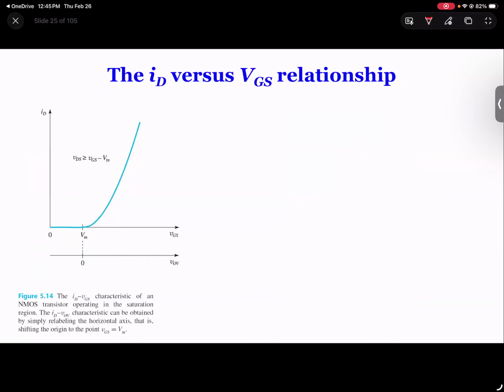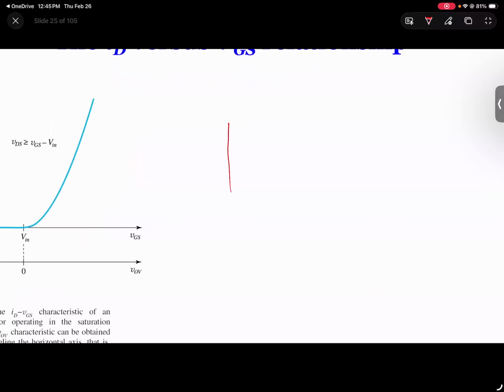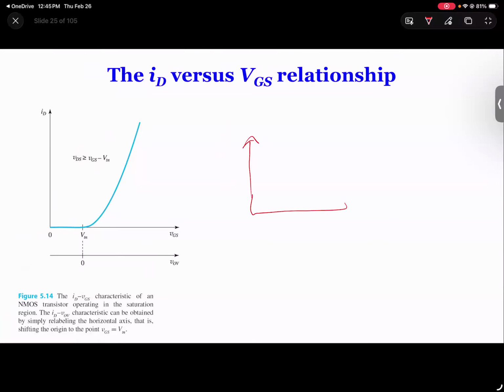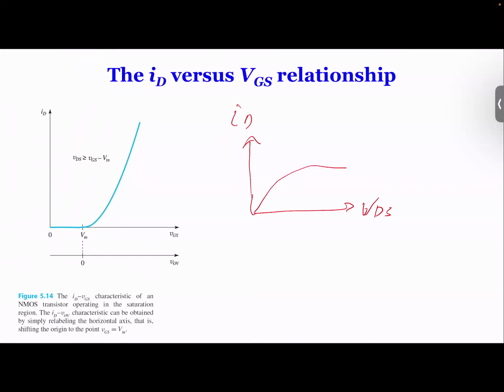We plot ID as a function of VGS instead of VDS. You remember from the previous slide, what we had was ID as a function of VDS. But here you can translate, because this is a different VGS, you just plug in this one and you get this curve.